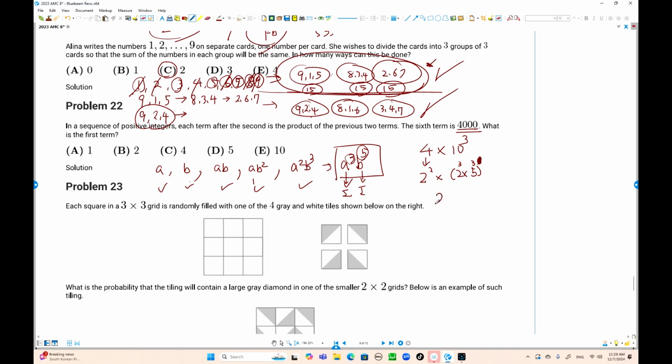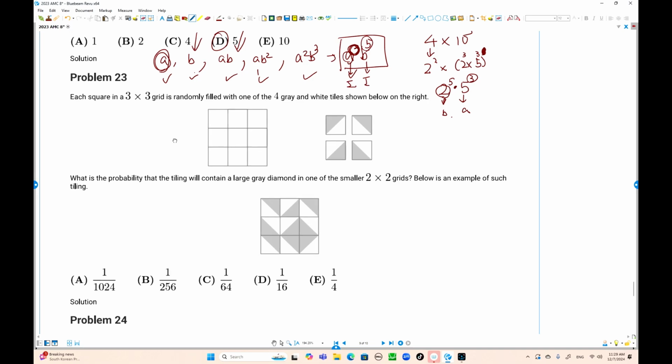So when you simplify, 2 to the 2 plus 3 is 5, and 5 cubed. That's how you find the first term, the value of A. Sometimes it's the second term or sometimes the third term. So the first term is A. Which one is A? A is over here, with exponent number 3, right? That is A. This one is B. So D is the answer.